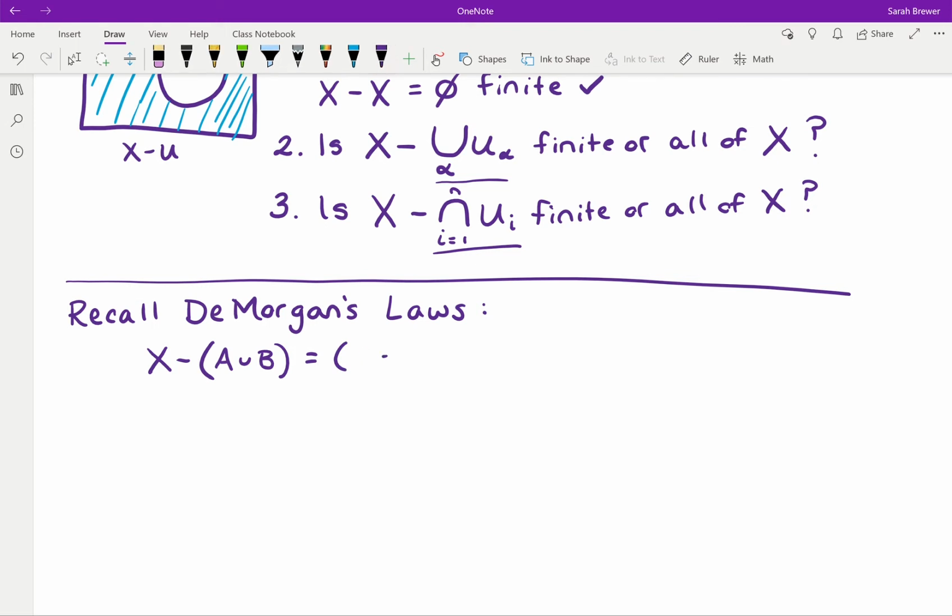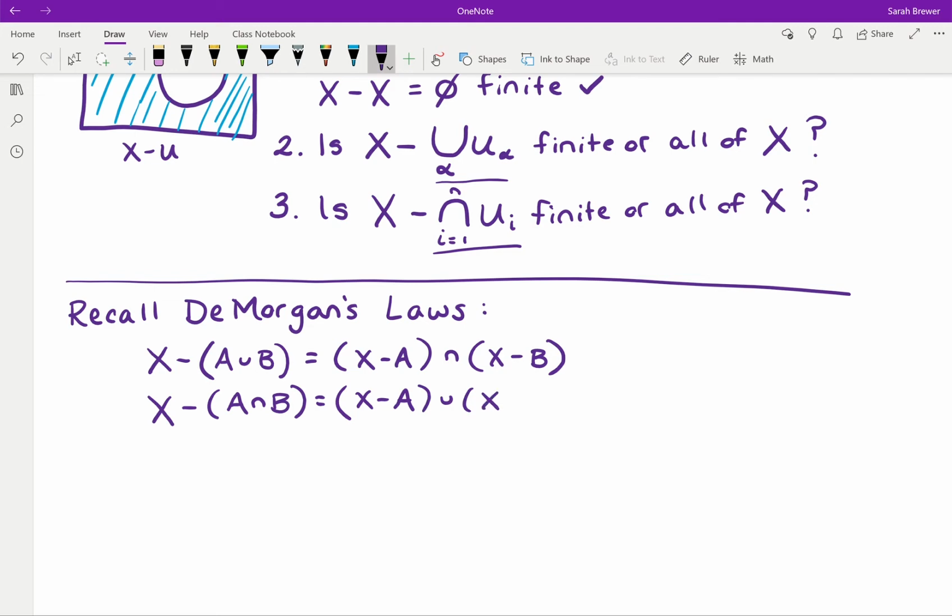And if I take the complement of an intersection, I get the union of the complements. And this also works for arbitrary unions and intersections, which we'll see. And we proved that a couple of homework assignments back.